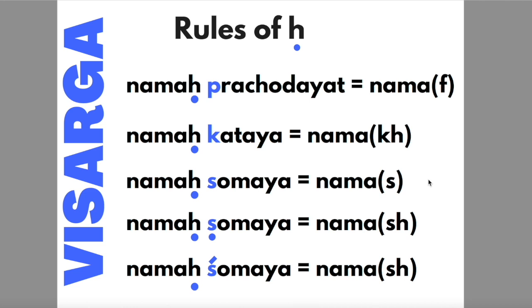We look at then the starting letter of the next word. So what letter follows? Namah prachodayat. In this particular case, the H has a dot at the bottom. The starting letter of the next word is pa. When the starting letter is pa, it changes to namaf.